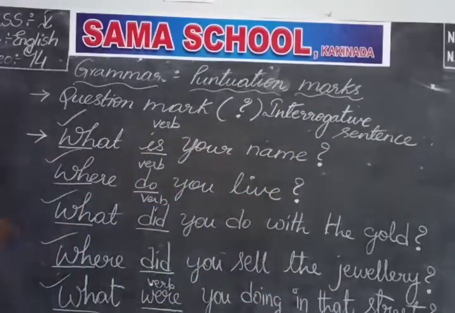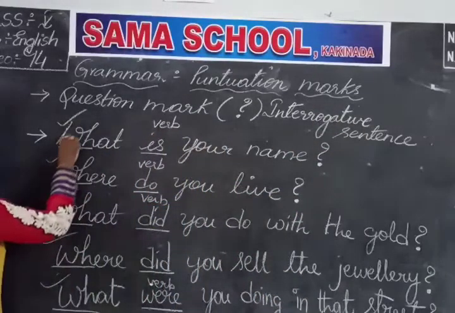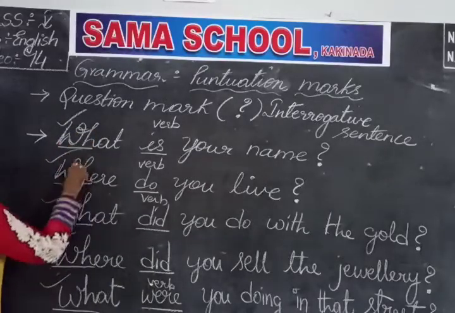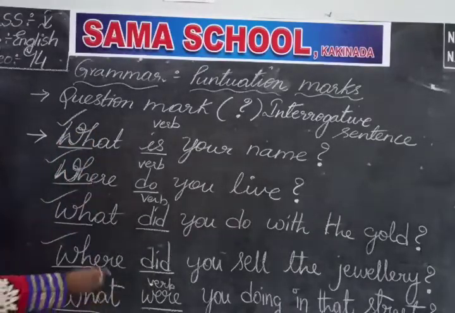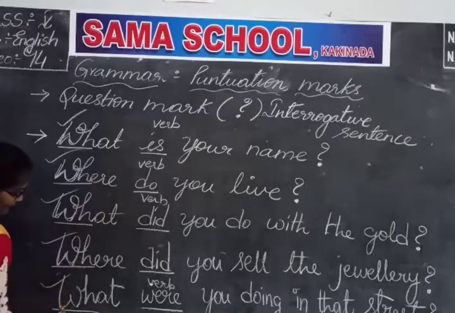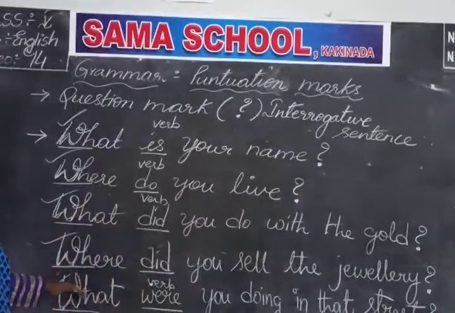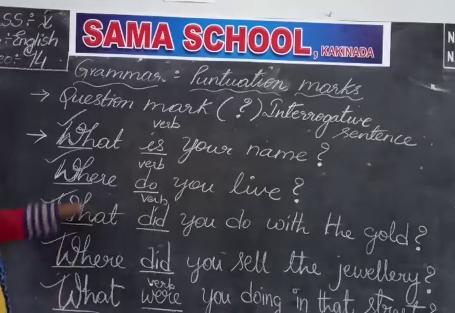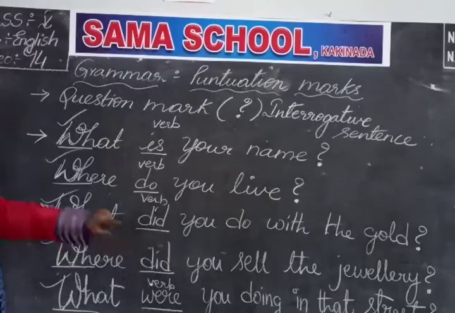So here, though it is an interrogative sentence, I started the first letter with a capital. This is clear? The first letter I started with a capital. You should keep this in your mind too. Whatever type of sentence you write, you should use a capital letter. That is the first point.